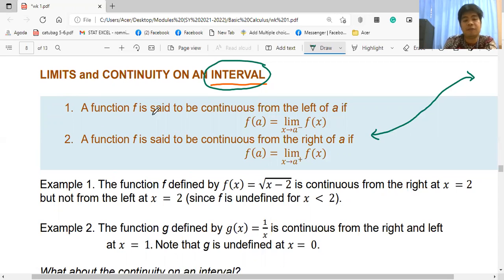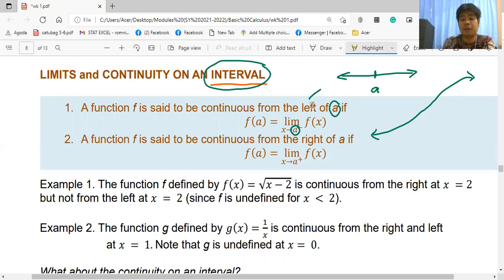A function f is said to be continuous from the left of a. Okay, I use a here. That indicates a point in the real number line. So if this is a, left ng a daw, continuous yung function doon, kung mapapatunayan mo na yung f of a by evaluation ay equals the limit of f of x as x approaches a from the left.